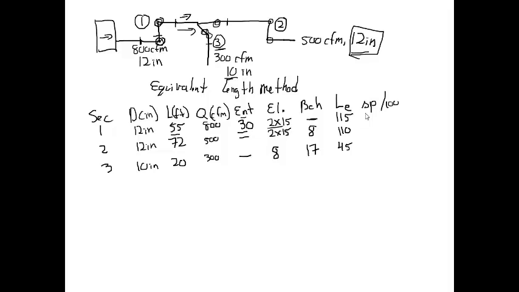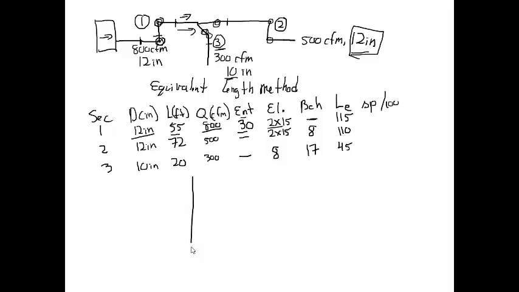So let's turn back to page 420. You should be able to look at the table or figure 12-21 on page 420. Let's go ahead, for example, and take a flow rate of 800 CFM and a diameter of 12 inches.